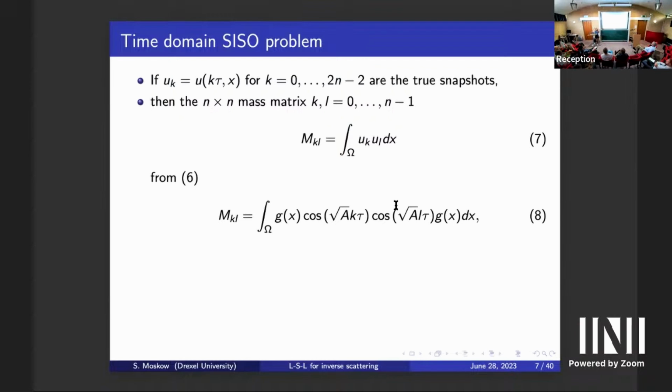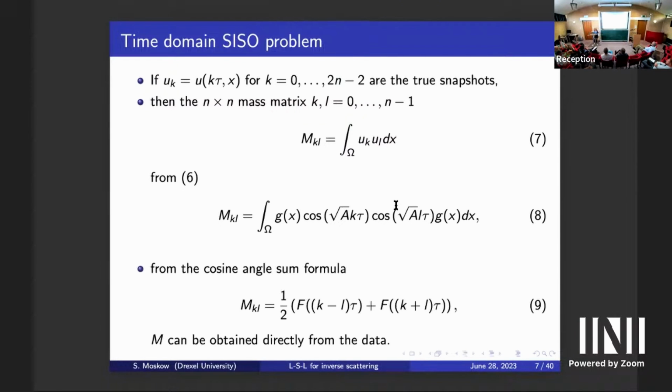If I consider this mass matrix, or the so-called Gramian, the matrix which is just the integration of these time snapshots against each other, because of this cosine form of the operator, all these cosine sum rules apply in the operator form also. And so from the cosine angle sum formula, you see that you can get the entries of M by just some manipulation of the data.